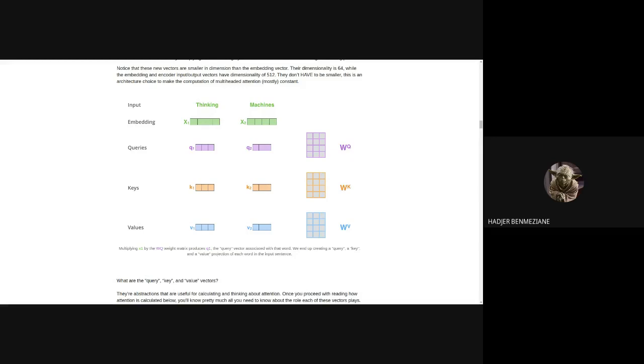So whenever you read weight in deep learning, you will understand that these weights are going to be learned by the training process.